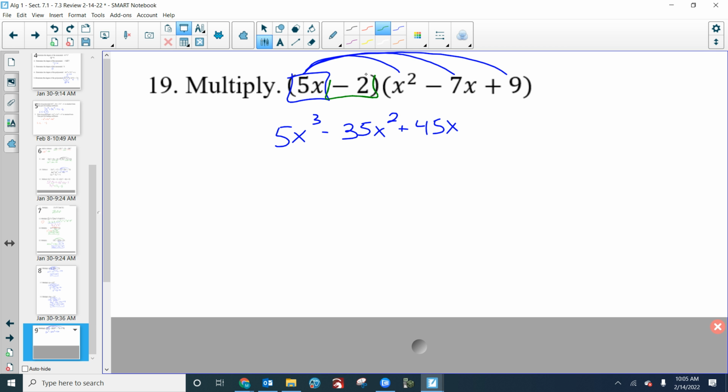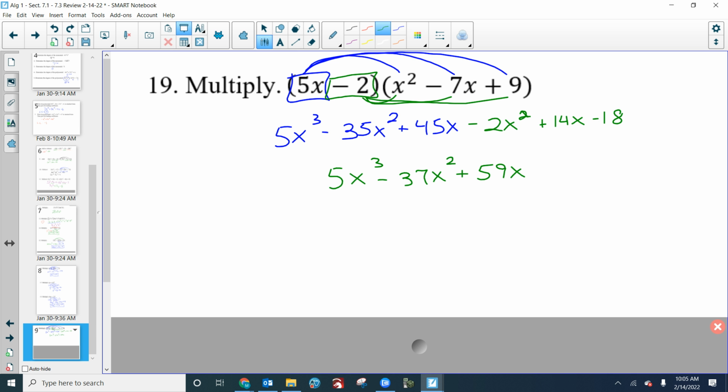And then the -2 minus 2x squared, it's a square, plus 14x minus 18. Write it in standard form, so 5x cubed, minus 37x squared, 45x and 14x make 59x, and then minus 18.